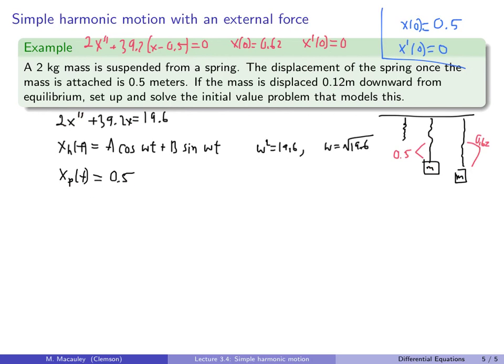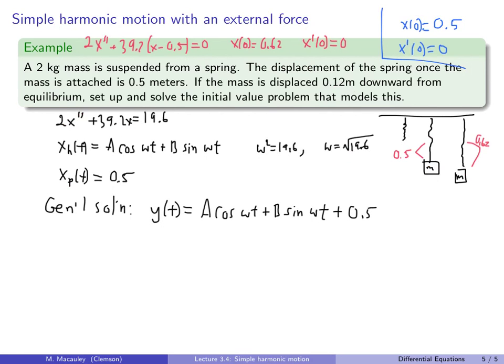So it's always nice when you see something you know mathematically to be true match something that you know intuitively to be true. Okay, so we're done. Well, almost. So the general solution is y of t equals a cosine of omega t plus b sine of omega t plus 0.5, where omega is assumed to be this root 19.6.